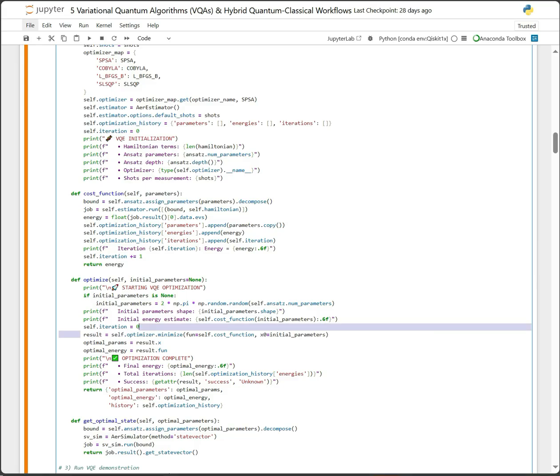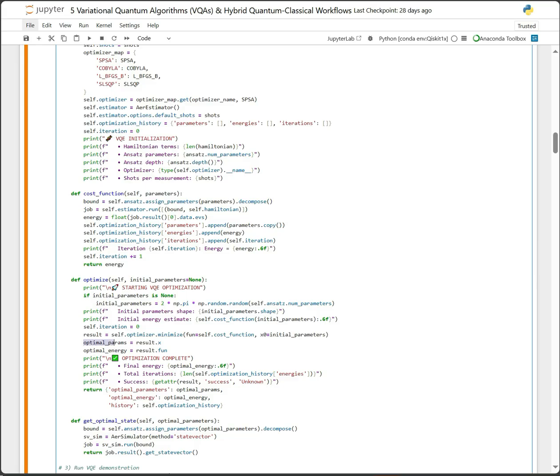And this is the result: we're going to use this optimizer's minimization of the cost function that you have previously defined with the initial parameters. Then what you want to check is the parameters and also the optimal energy, right?